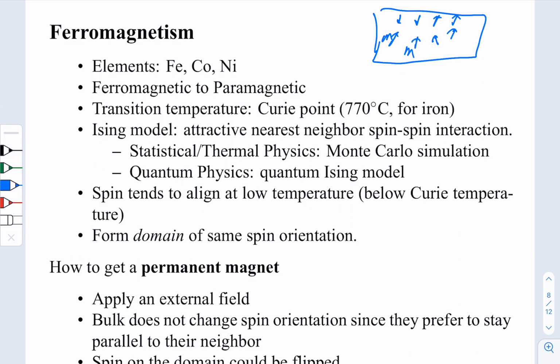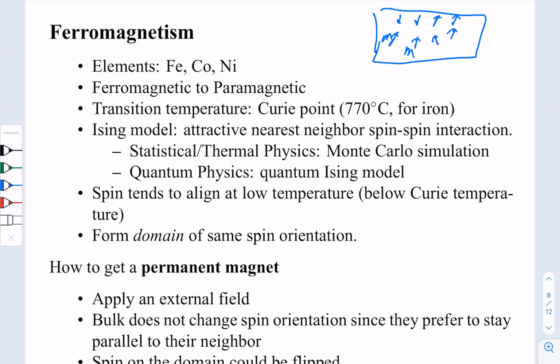But in ferromagnetic materials, the spin and the spin, especially when they are close together, can interact, and the interaction tends to align the two spins into the same direction. So say you have a spin here, it wants to align with the spin to the left, the spin to the right, the spin up, and the spin down.